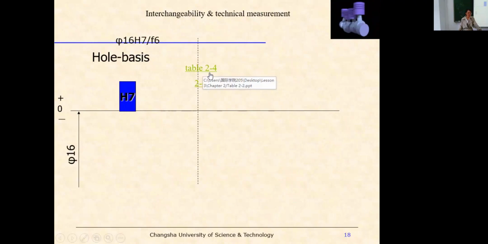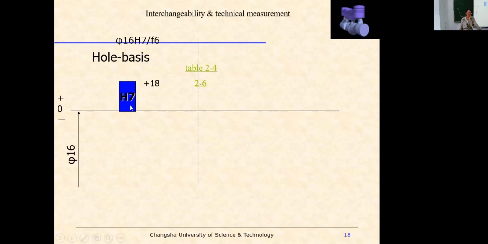So from table 2.4, find the values. For 16, H7, this is 18 for H7.